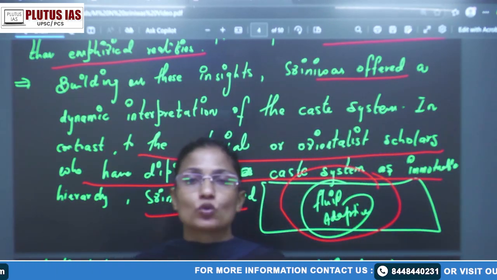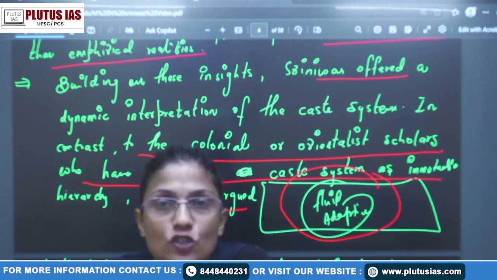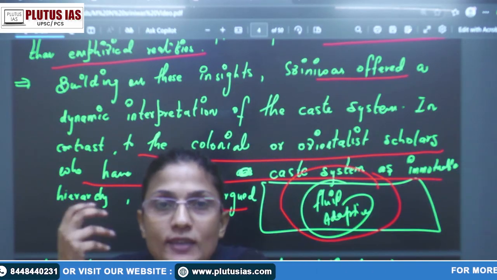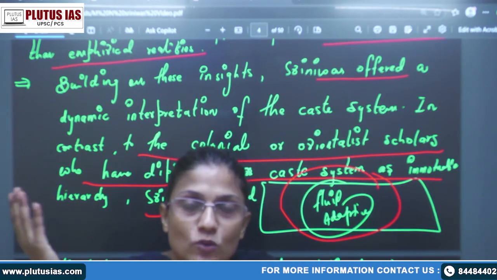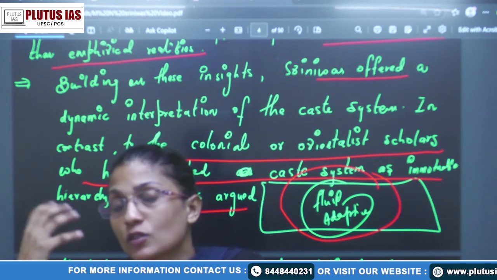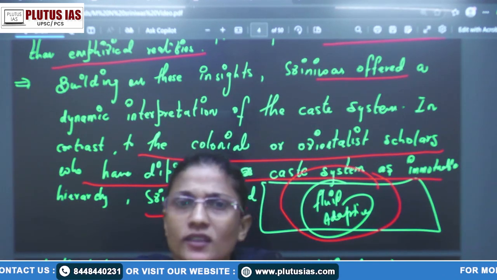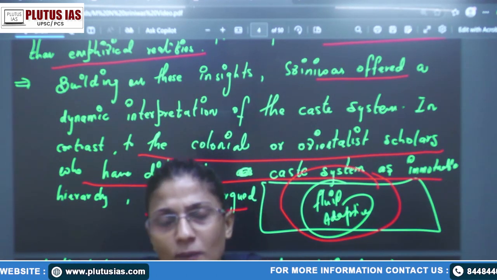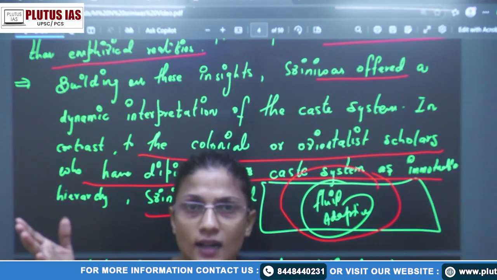What you have to take away from this lecture is that textbook interpretation of the caste system was totally based on the Varna model. This is how G.S. Ghurye also explained it while explaining the six features of the Indian caste system.